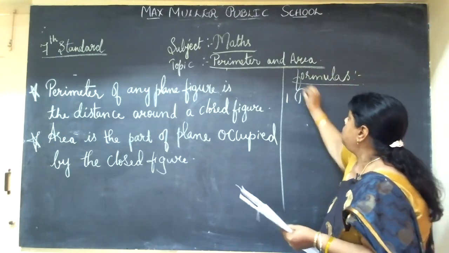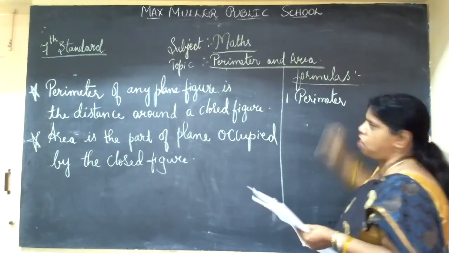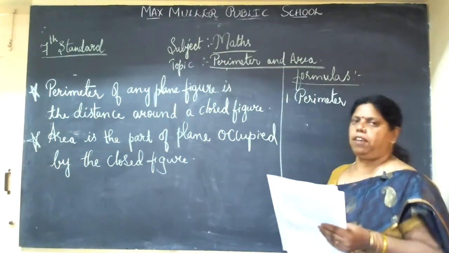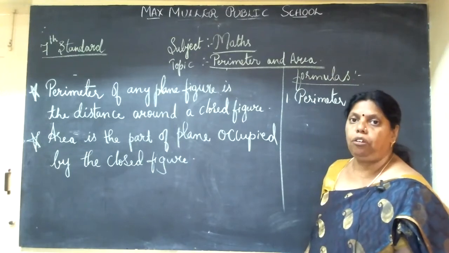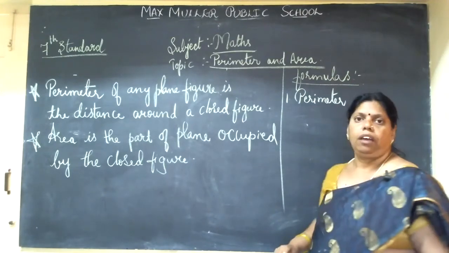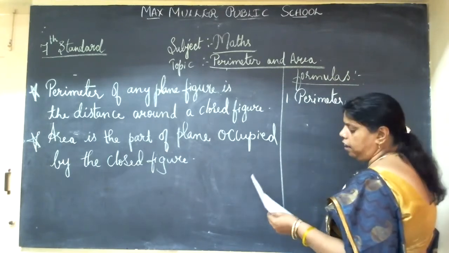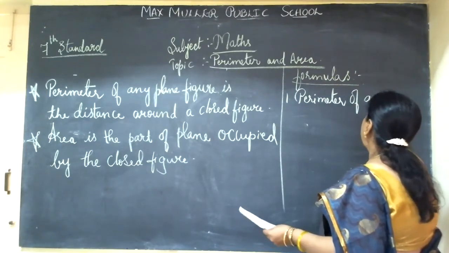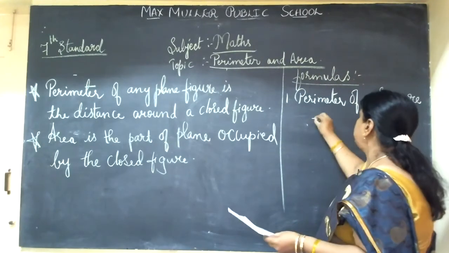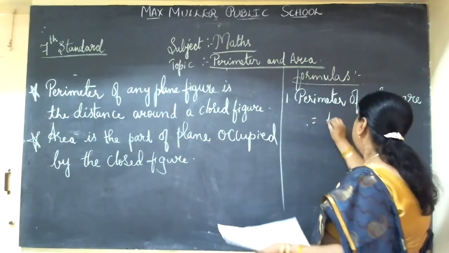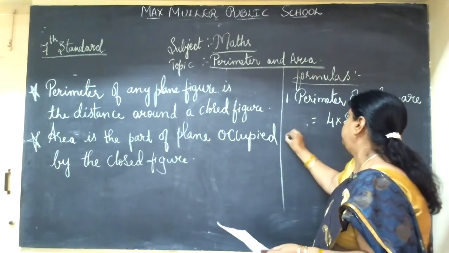First one, perimeter. I have shortcut this because in the previous classes you have learned already. From fourth, you know this perimeter, right? So I don't want to explain it in detail. Perimeter of a square. First I explained what is perimeter and what is area. So you had these formulas properly.